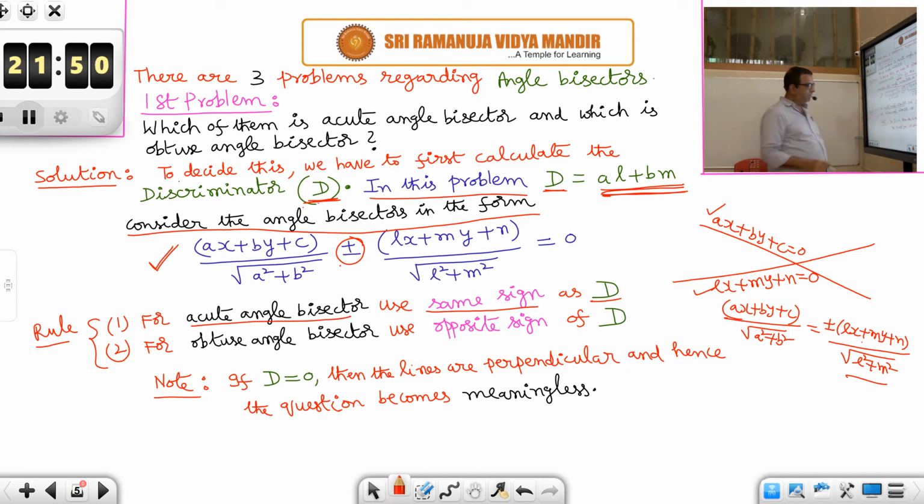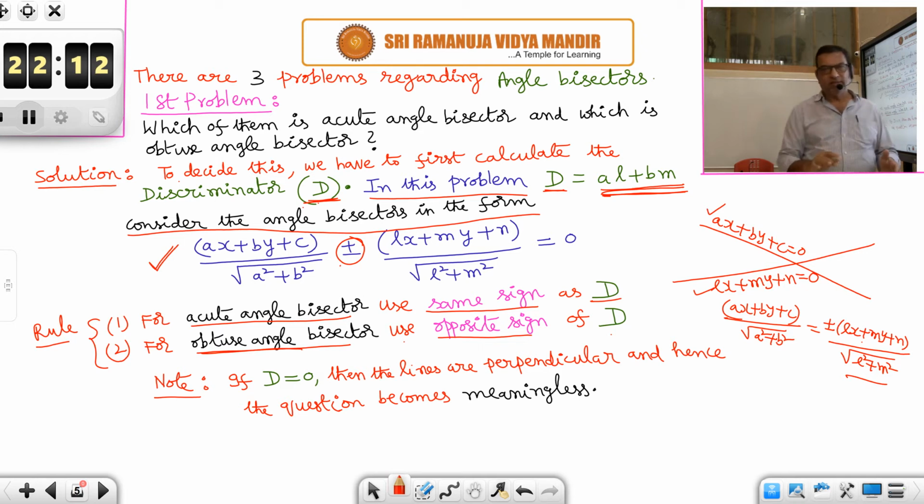Okay. What about obtuse angle bisector? Obtuse angle bisector, use opposite sign of D. If D is positive, use minus sign. If D is negative, use a plus sign. That is opposite sign for what? For the obtuse angle bisector. That is the rule.